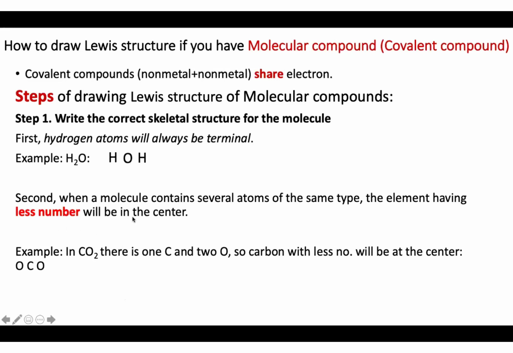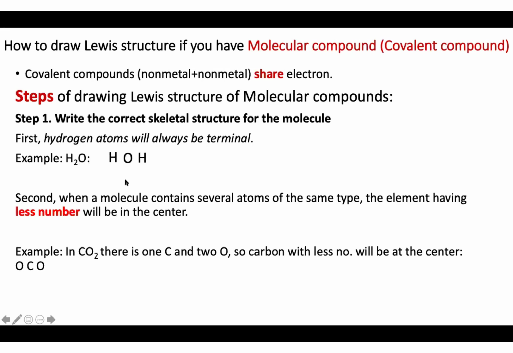Another important thing is that the element with the smaller count will always be in the center. Even if you didn't know that hydrogen is always terminal, oxygen is only one element here, so it is going to be in the center. So always, the element with the smaller count will be in the center.